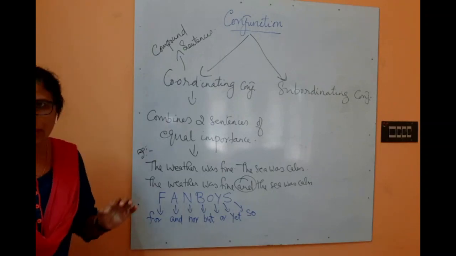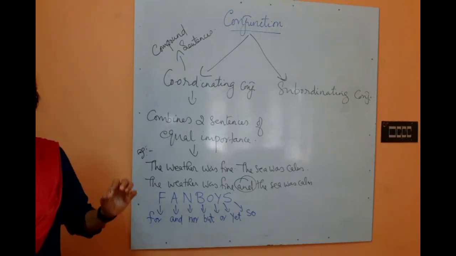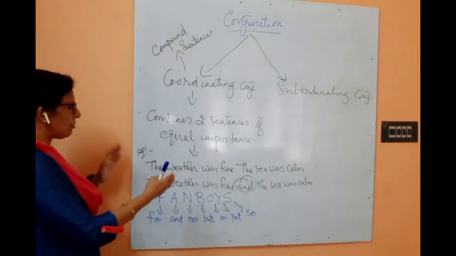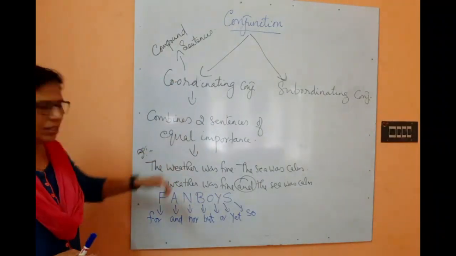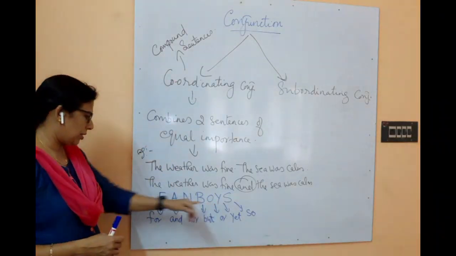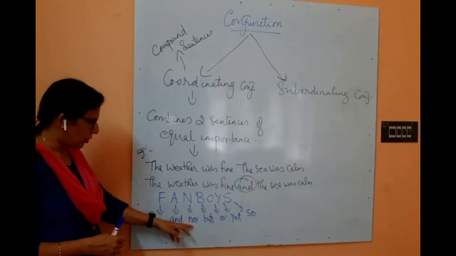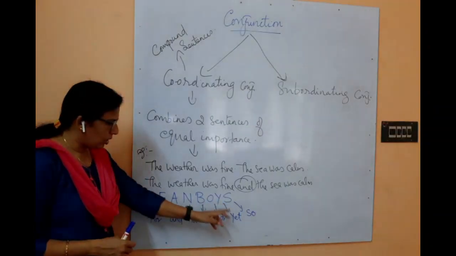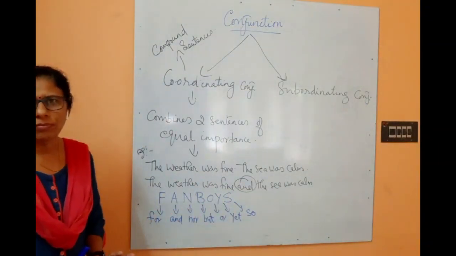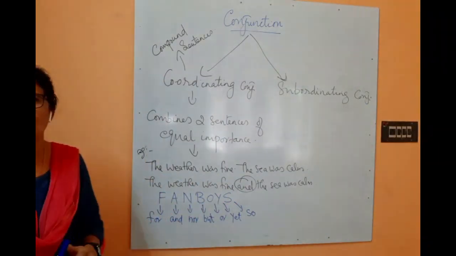Coordinating conjunctions combine sentences of equal importance, and the first set of conjunctions that come under coordinating conjunction is FANBOYS: for, and, nor, but, or, yet, so. Please copy down all these things in your notebook.